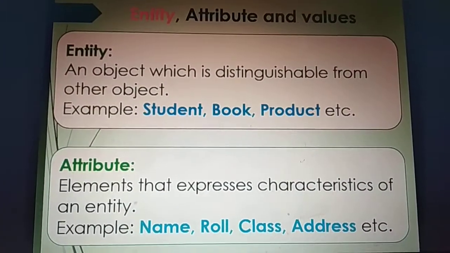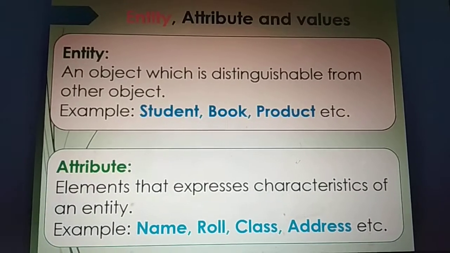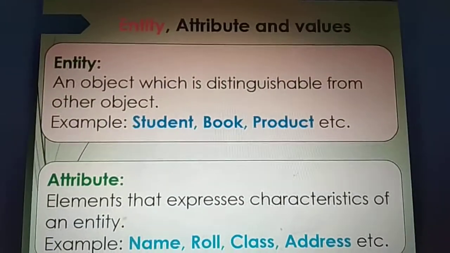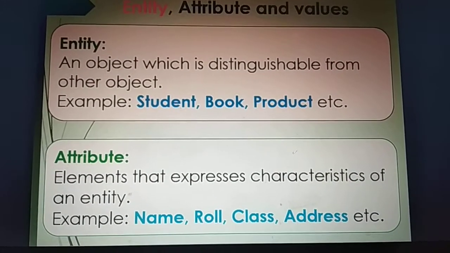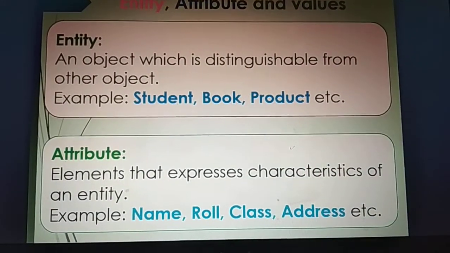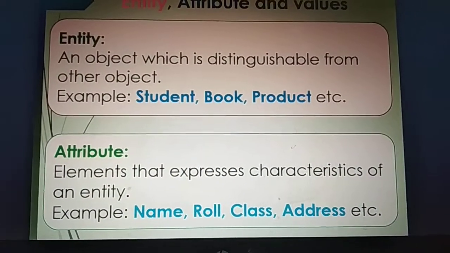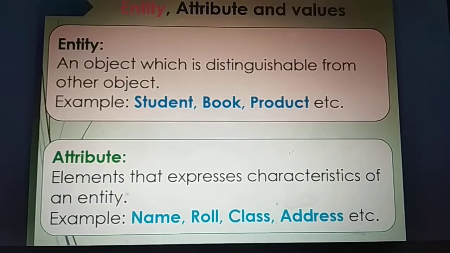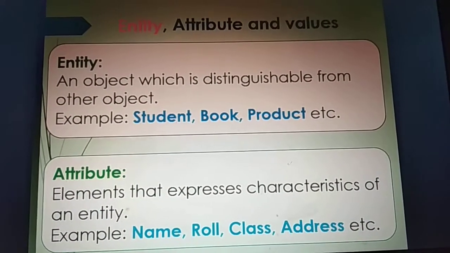Then some other identities about the elements of database, like entity, attribute and values. What is entity? An object which is distinguishable from other objects is called entity. Actually, entities are all the real world objects that we can see or that we can think.